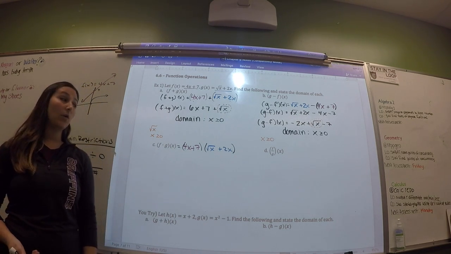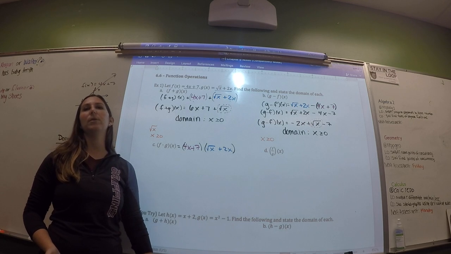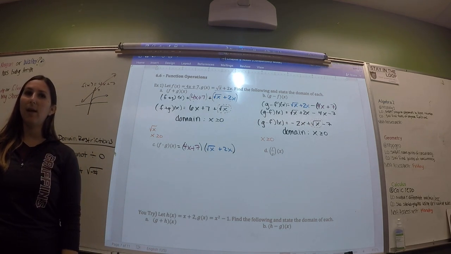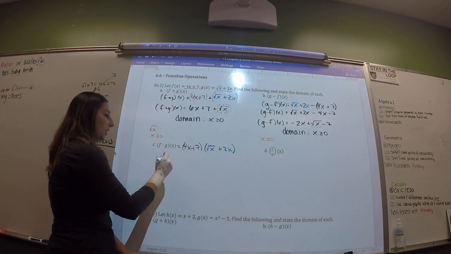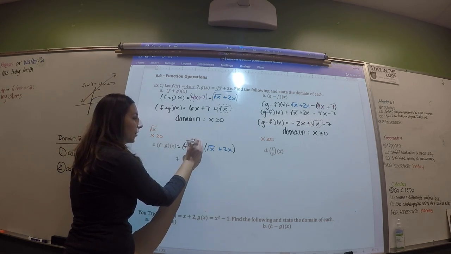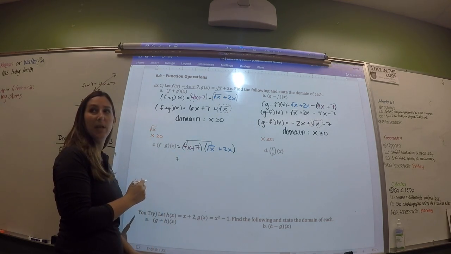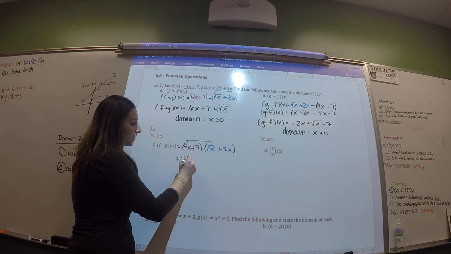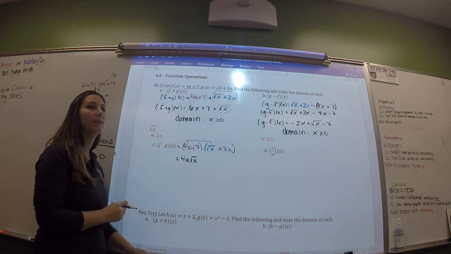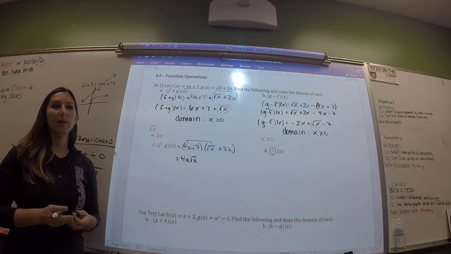Now, in order to simplify this properly, you would need to distribute, aka FOIL. So we're going to take 4x times the square root of x and multiply. You get 4x root x, which is a little awkward, but you can't really do anything else with that.